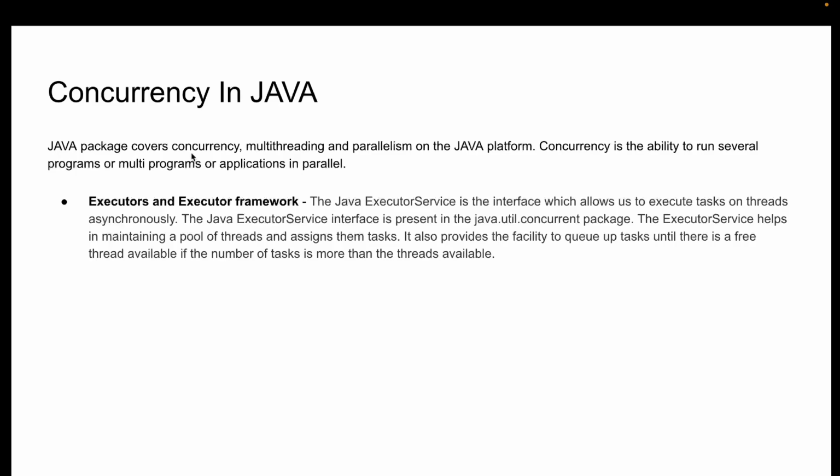We will go over one of the frameworks: executors and the executor framework. Java has provided us some libraries to make our work easier. In the examples we saw so far, we used our own logic: we wrote synchronized blocks and inter-thread communication like wait and notify methods to wait on each other.